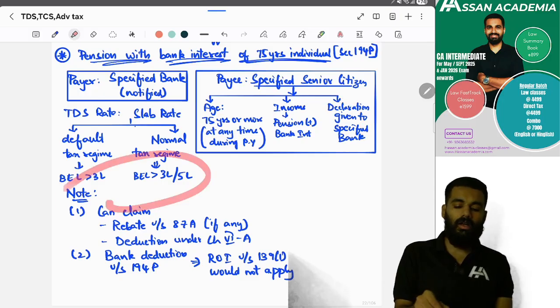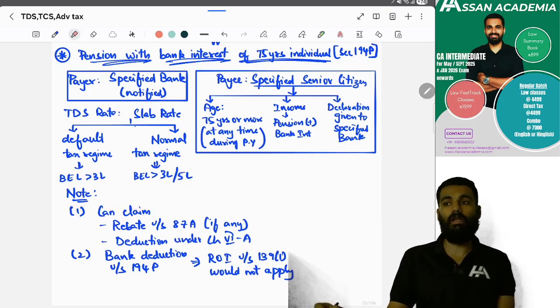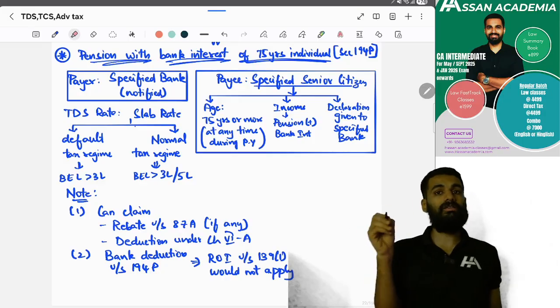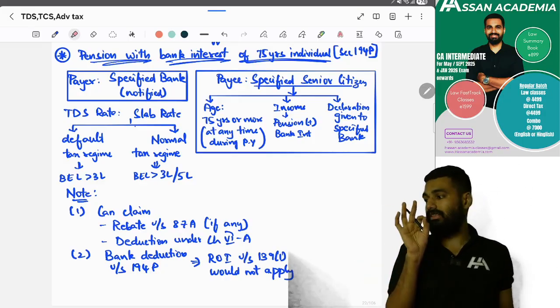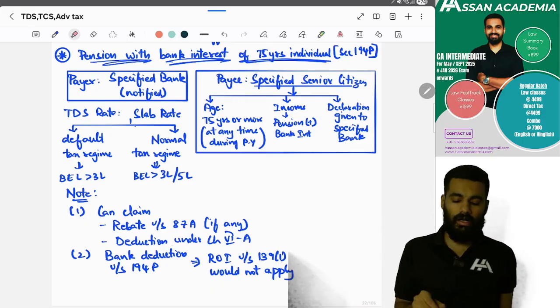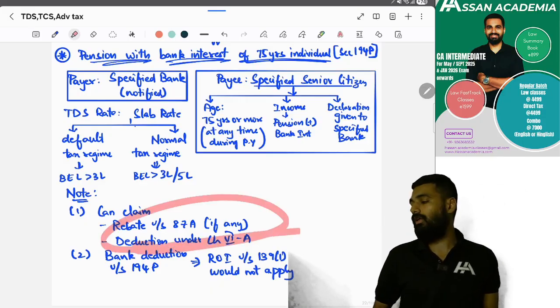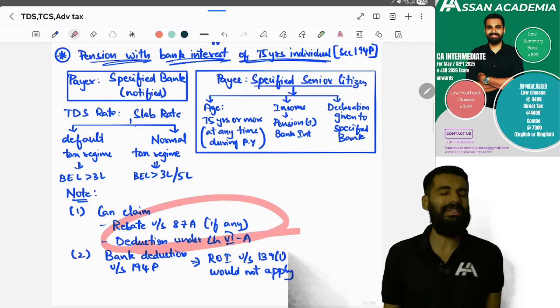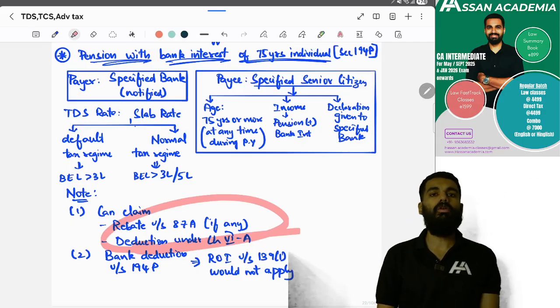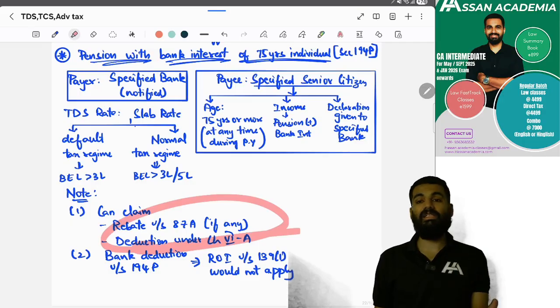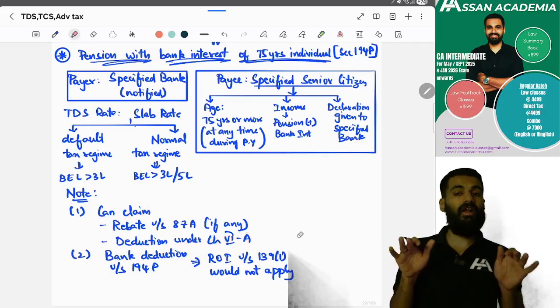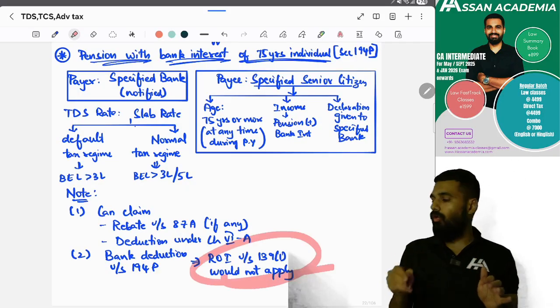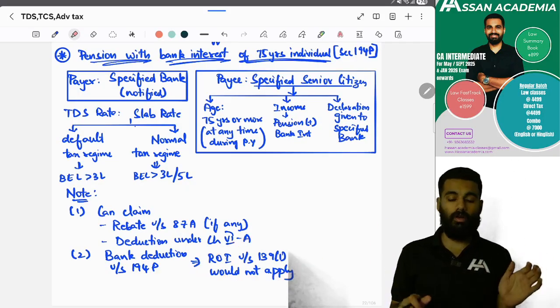Then the bank will see whether the income exceeds the basic exemption limit of 3 lakhs or 5 lakh rupees. If yes, then TDS will be deducted. The bank can see the rebate and also Chapter 6A deduction. If the bank has deducted under section 194P, then you don't have to file the return of income.